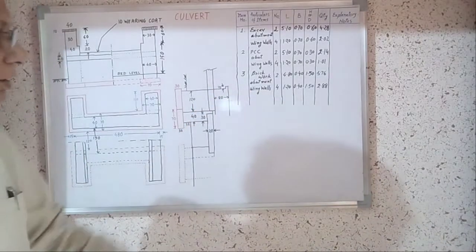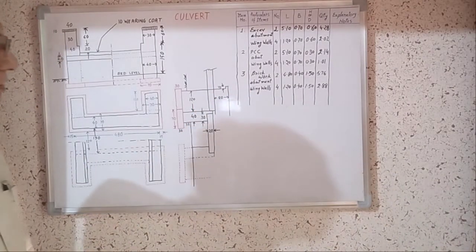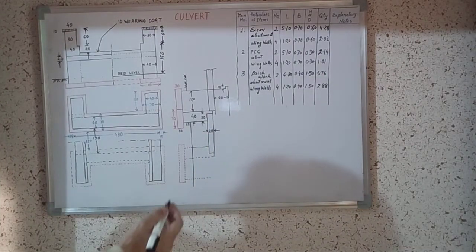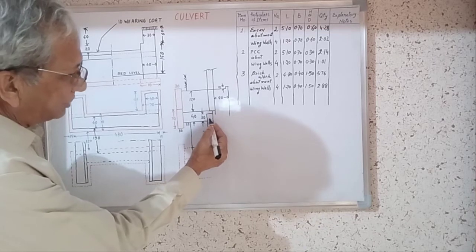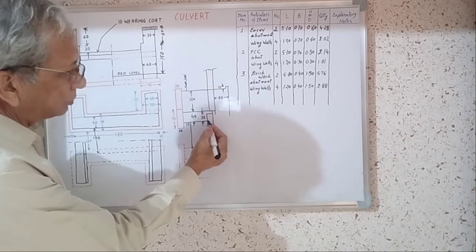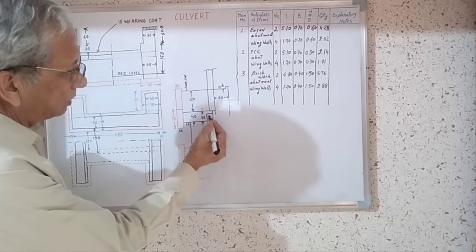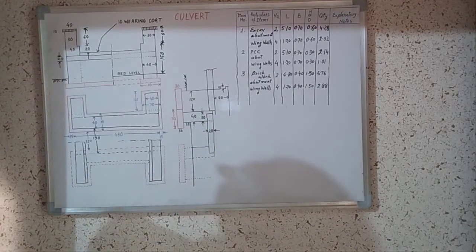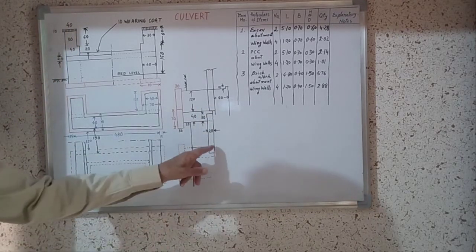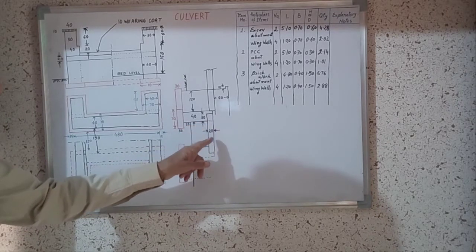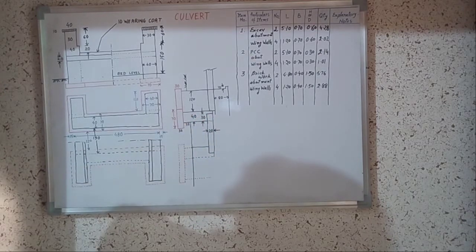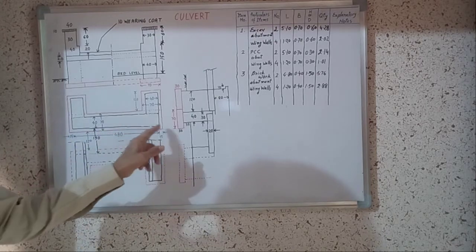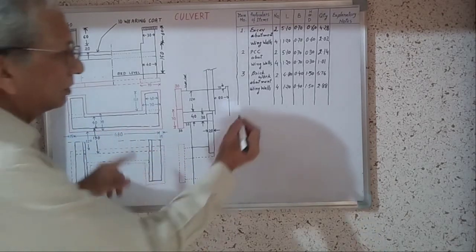This is our brickwork, total brickwork of abutment and wing wall. Now deduction in the brickwork. You see, this is a slab and slab is placed on the brickwork. Therefore this portion will be deducted in the brickwork. This is the placing of slab, bearing of slab on the brickwork 30 centimeter, and it will be throughout 480 deduction.